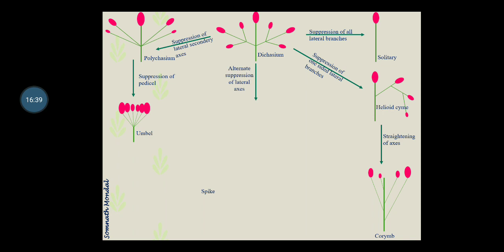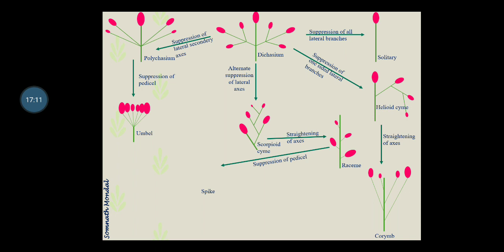Similarly, in another central line of evolution, if alternate suppression of the lateral axis takes place, that is, once the right lateral axis is suppressed followed by the left lateral axis, it will give rise to the scorpioid cyme. From scorpioid cyme, by straightening of the axis, it will give rise to raceme. From raceme, where the flowers are pedicellate, if the pedicels get suppressed, the flowers will become sessile, giving rise to spike.